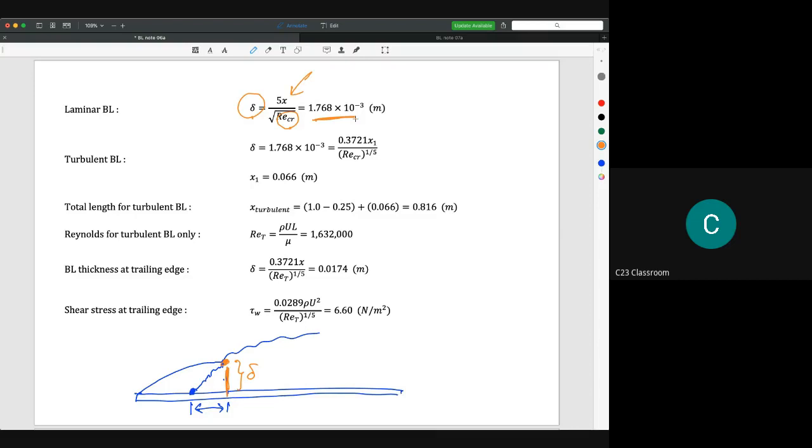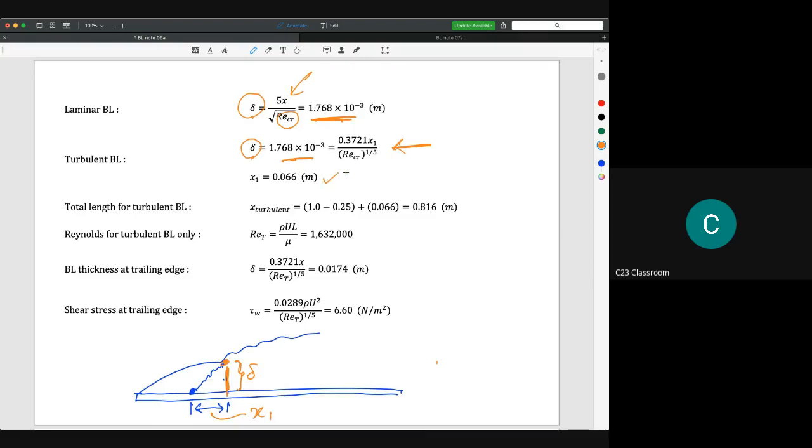Then this thickness, delta again, we equalize with the equation of the turbulent boundary layer. So we take the 1/7 power law. The thickness of the turbulent boundary layer can be calculated here, and then we found that the value of x1, the distance of x1, is 0.066 meters.